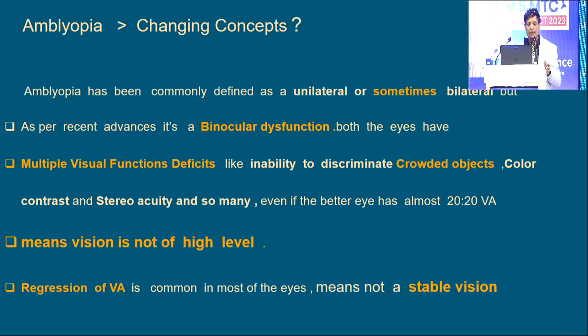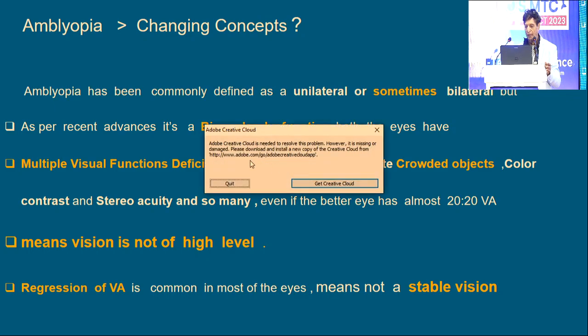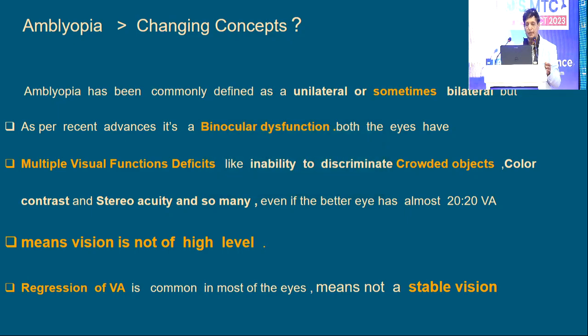But as per the recent advances, it is a binocular dysfunction, where both eyes have multiple visual function deficits, like inability to discriminate crowded objects, color contrast, stereo acuity and so many things. Even if the better eye has almost 20/20 vision, it means the vision is not of high quality.